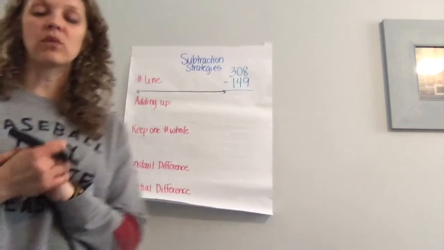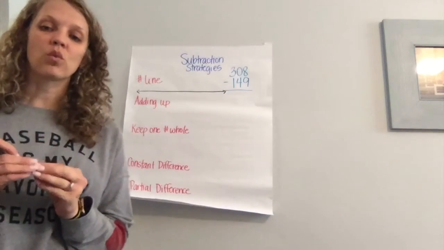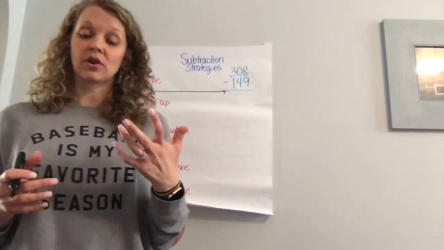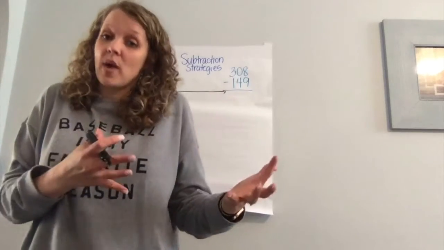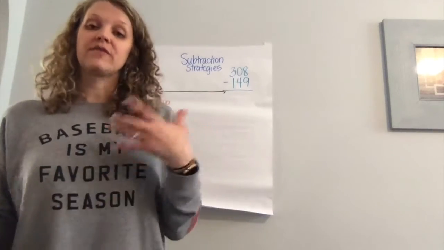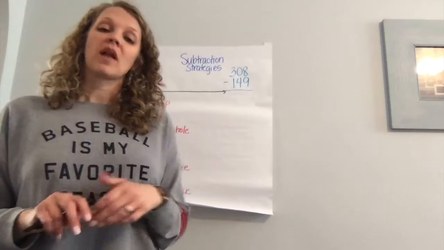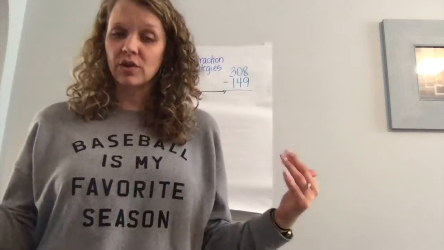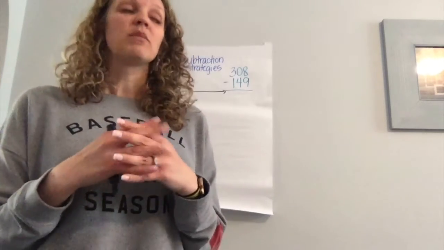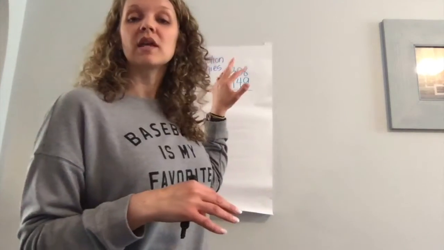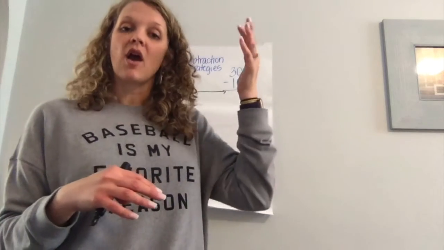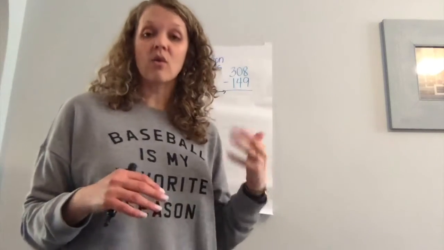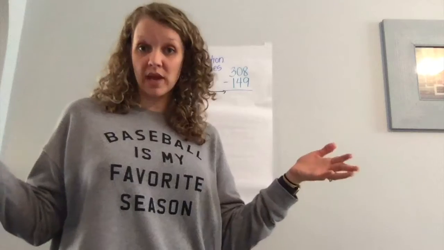And when we are using a number line with subtraction, we're either doing takeaway or finding the difference. Contextually, subtraction is so much easier to think about when you have a context, because it helps us determine: are we taking away or are we finding the difference between?